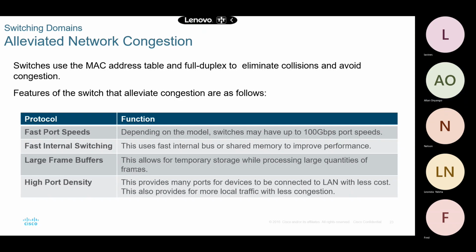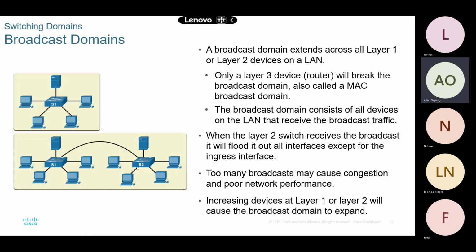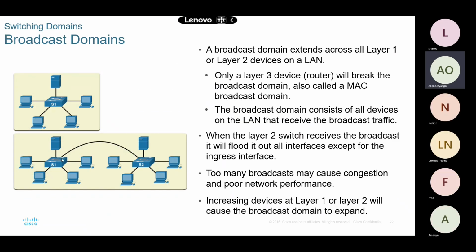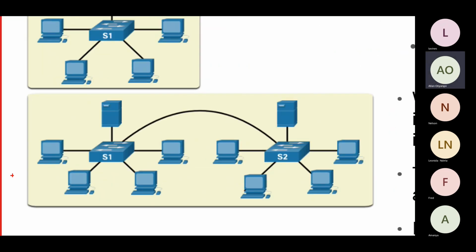Having talked about this, let me mention one thing, because this is going to help us. You realize that when the switch receives information from one of the devices, it's going to broadcast it. Why?